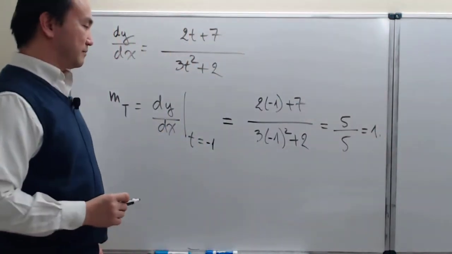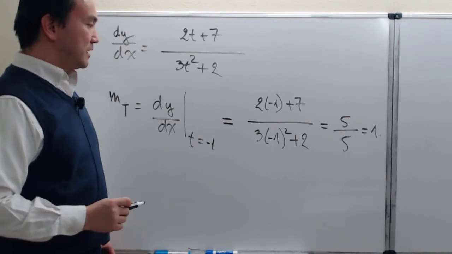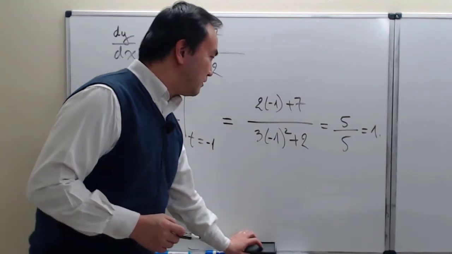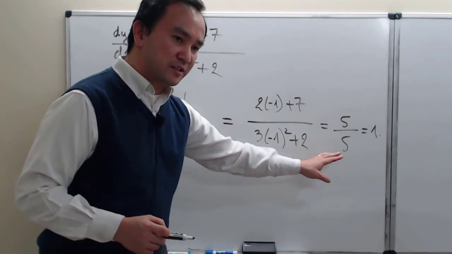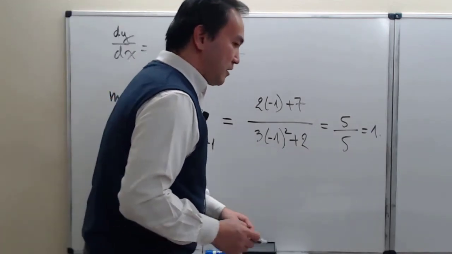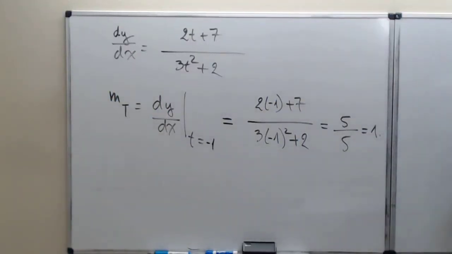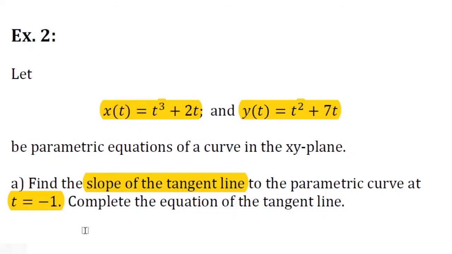Okay, so now we know that our slope of the tangent line is 1. And we're still not done with question A yet. Question A is asking further to complete the equation of the tangent line.